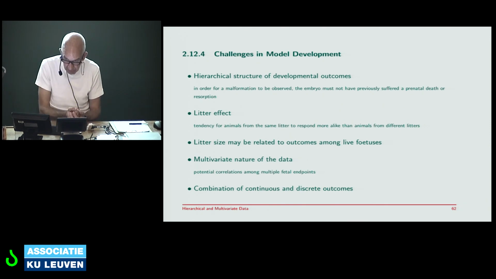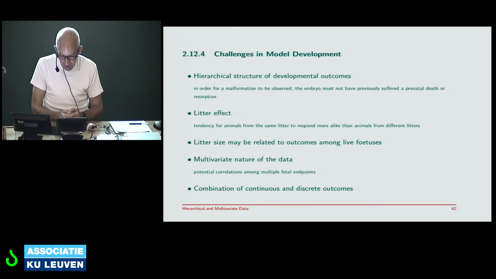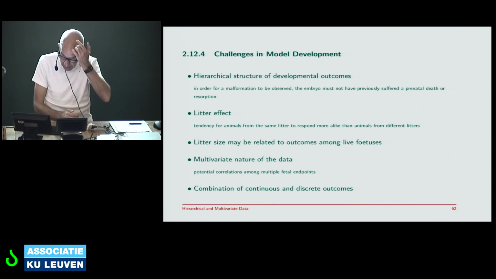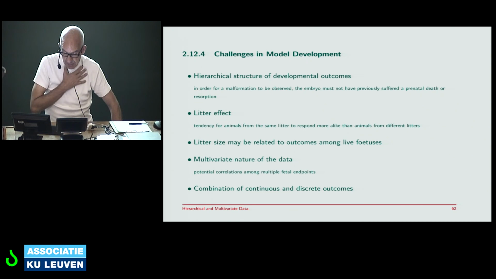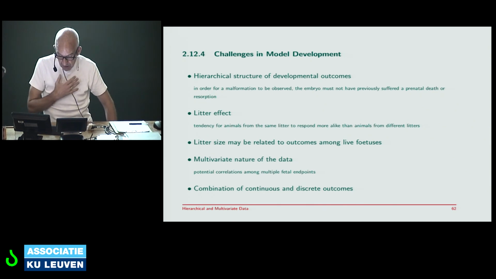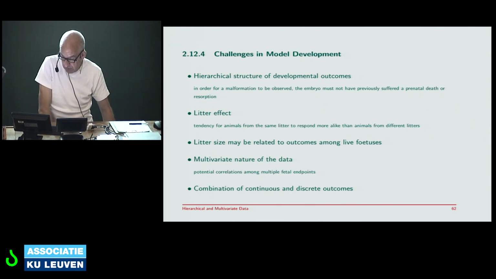It really is at the individual fetus, yet they have similar genetic compositions, they come from the same mother, so there will be environmental and biological genetic reasons why they behave more similarly. Okay, as we said, the litter size may be related to the outcomes among the live fetuses. So the more live fetuses we have, the larger the litter size may be, and that's sometimes an issue. We do need to take that into account.